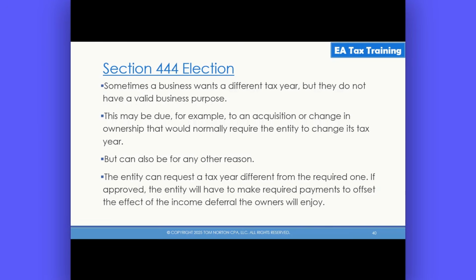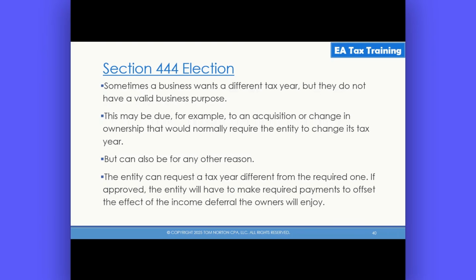So the IRS doesn't want you playing games with the tax years of entities in order to save or defer taxes. So, for example, let's say you have a C corporation with a calendar year end, and then they are a majority partner in a partnership. Well, they might say, okay, let's make the partnership year end January 31st.